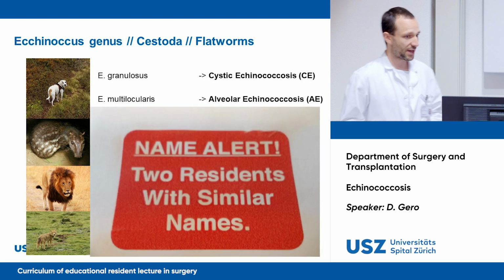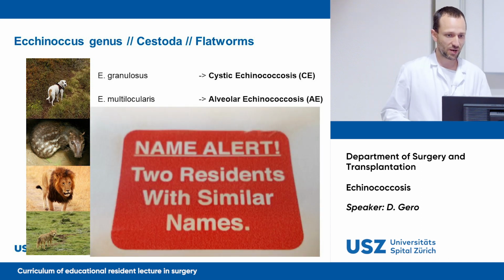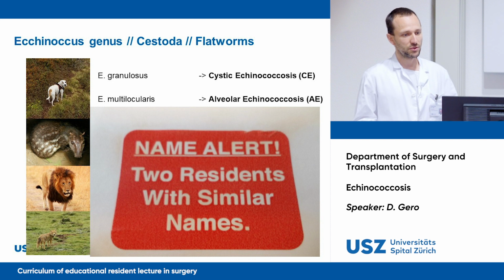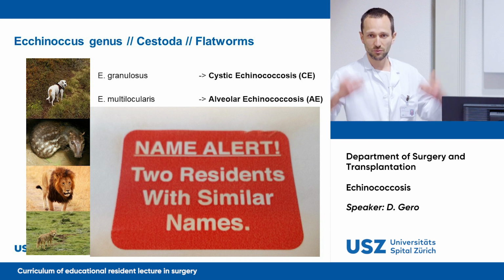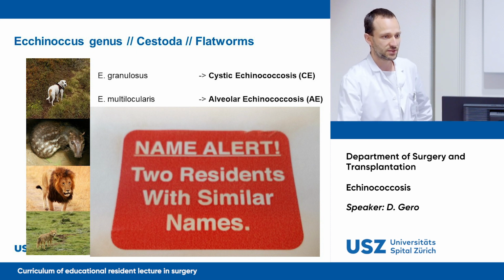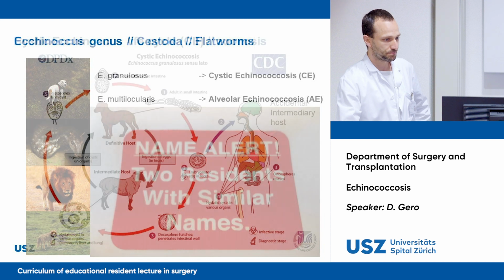So I would like to emphasize up front that there is a name alert. Cystic echinococcosis and alveolar echinococcosis are two very different disease entities, and during this presentation I will walk you through stage by stage on both diseases in parallel.